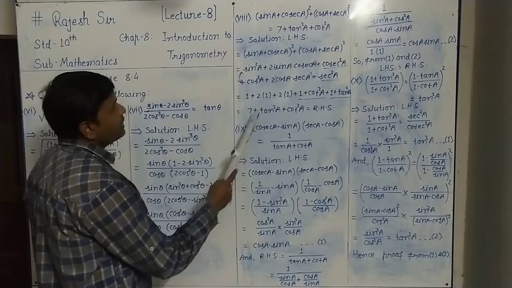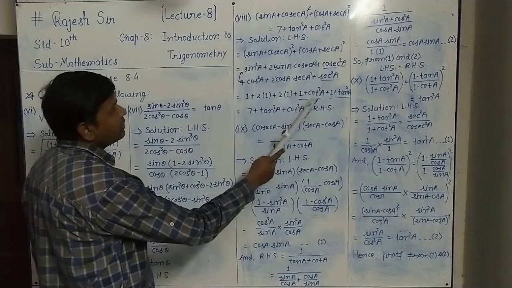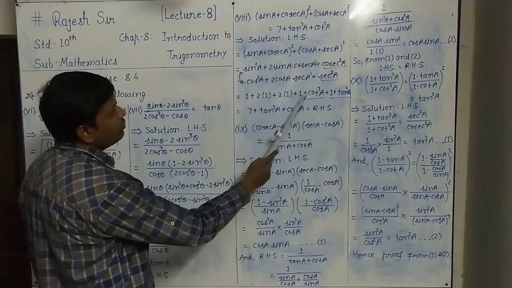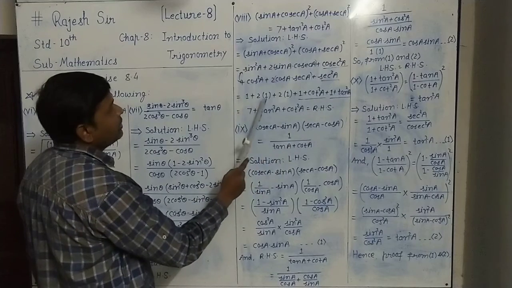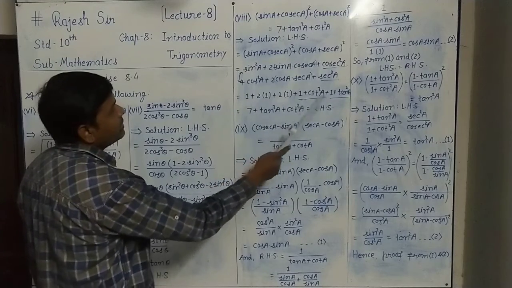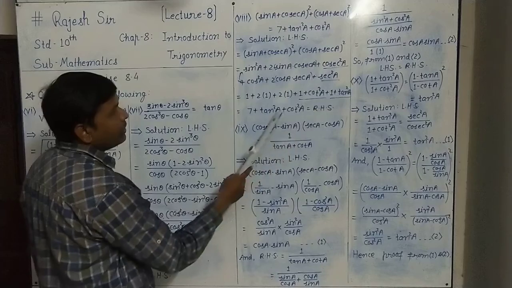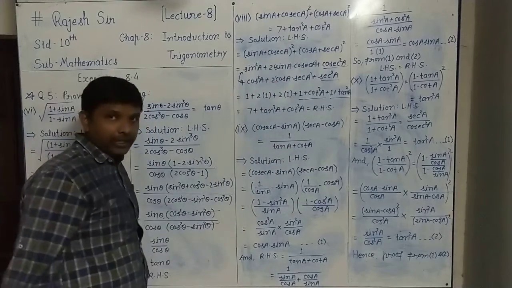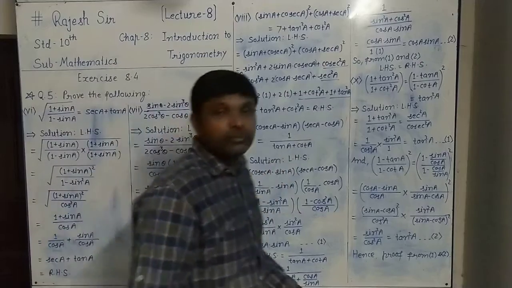So the numbers total is 7, plus tan square a plus cot square a, and this is what we wanted on the right hand side.